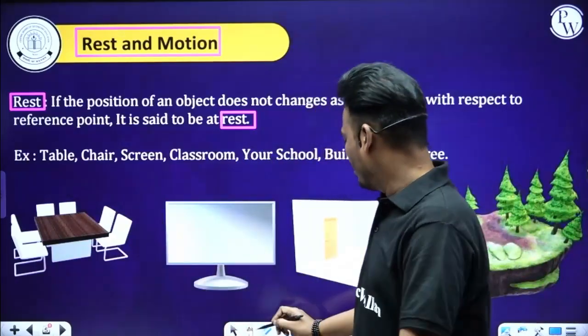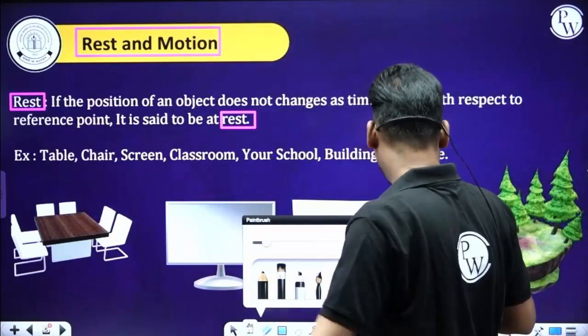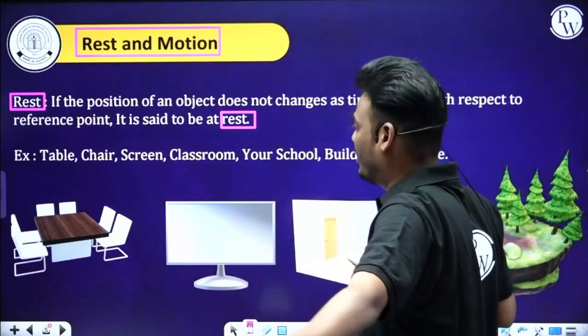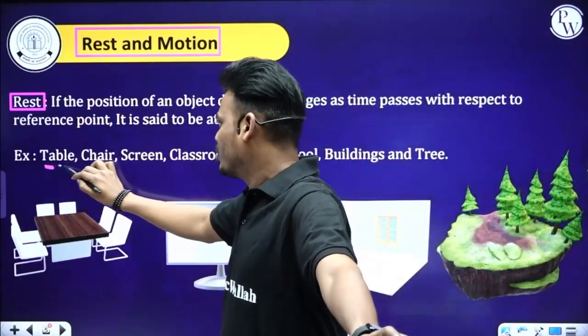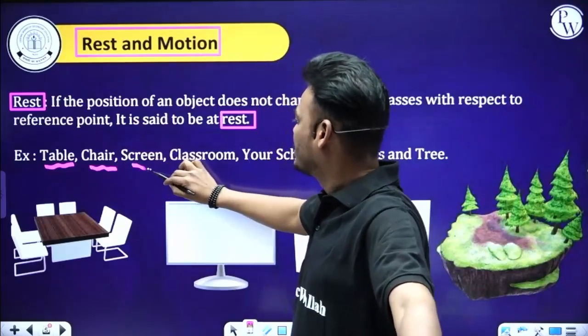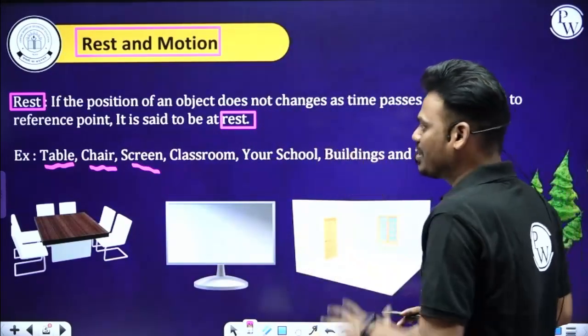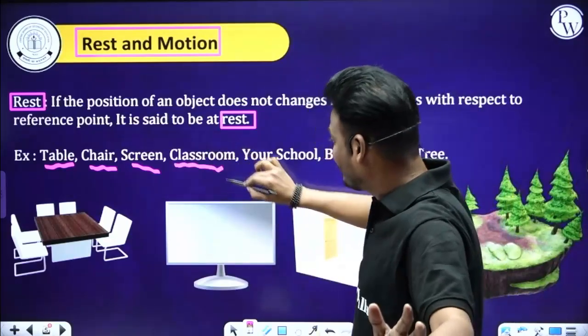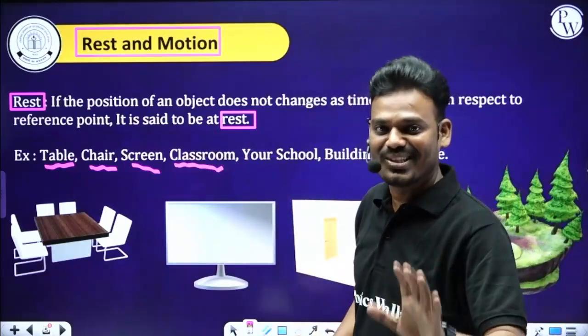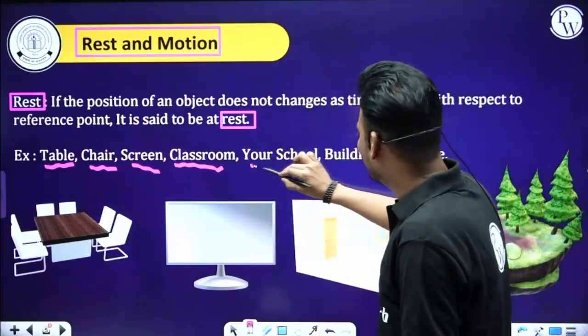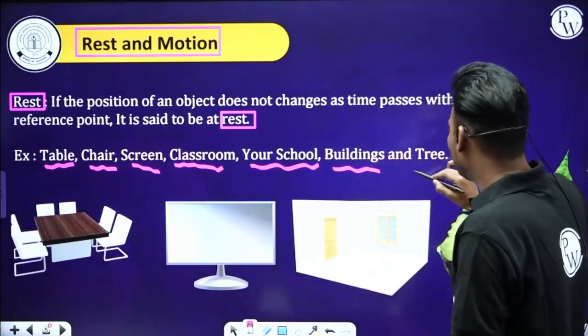Okay, so here you can consider 1 or 2 examples, that is enough to write in your examination. Okay, so table, chair, screen. This screen is also at rest because it is not changing its position. Your classroom does not change its position with respect to time. Then your school and buildings and a tree.